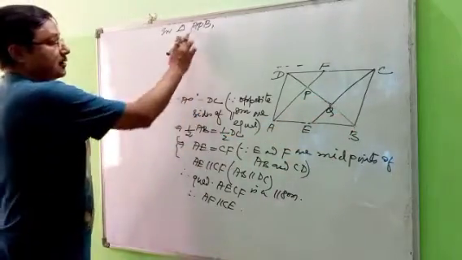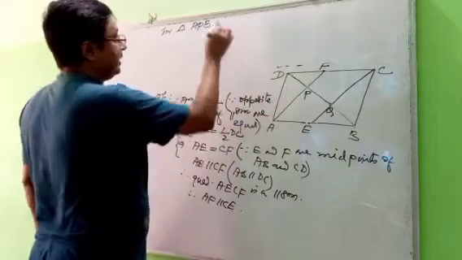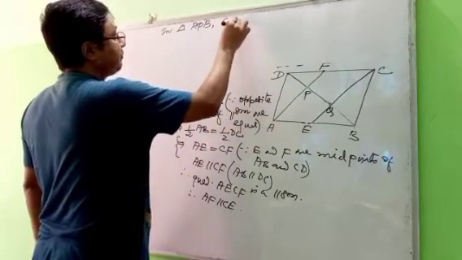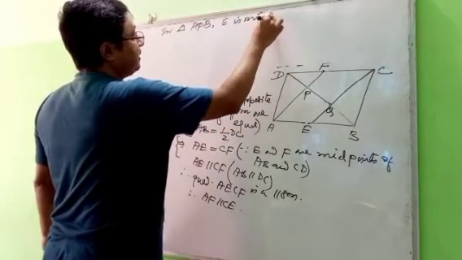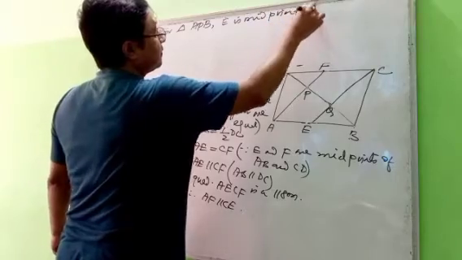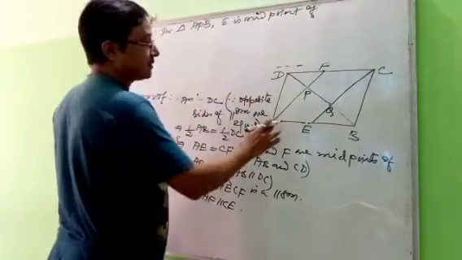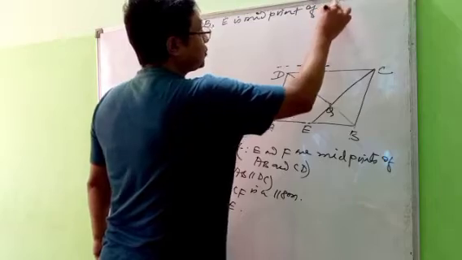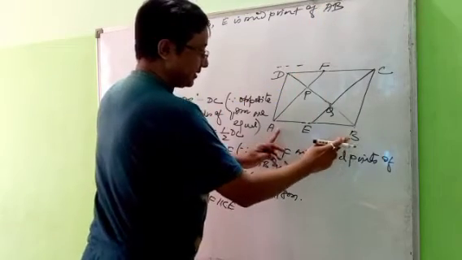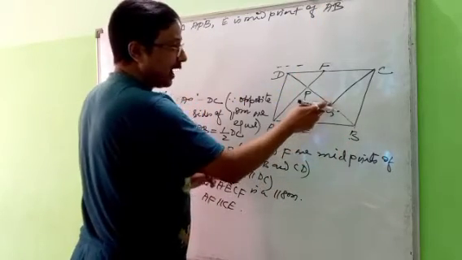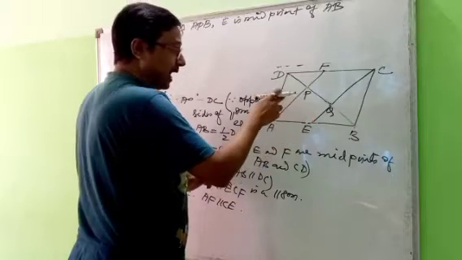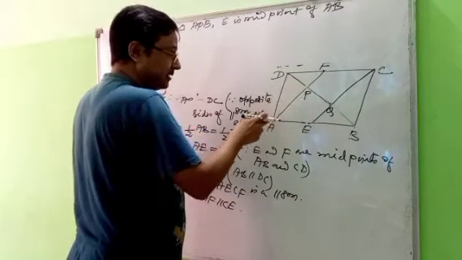So now in the triangle APB, E is the midpoint of the side AB. So this is the first side. Through this midpoint, the line is drawn parallel to the other side. So the side is AP.